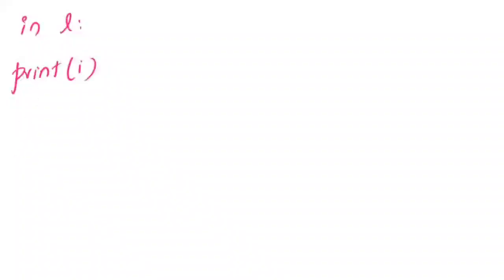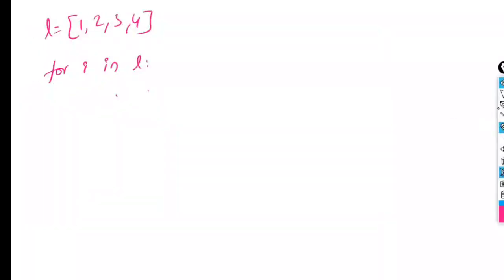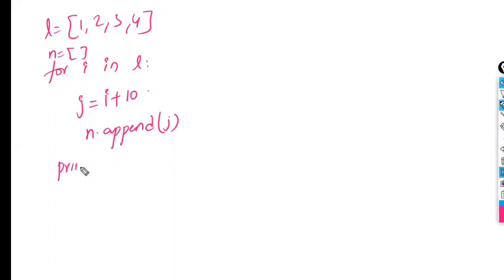Now, I want this same i in terms of a list. Whatever the i is, I'm going to do i plus 10, and whatever output I have got, I'm going to store in j. And I'm going to create a new empty list n. For this empty list, I'm going to do n.append(j) and print n.